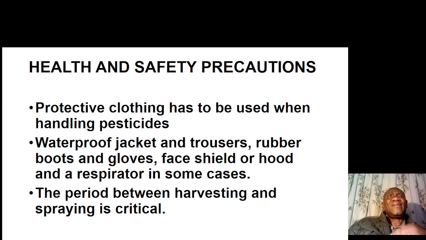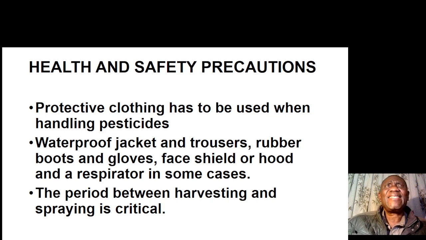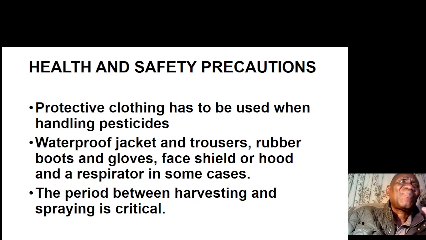Now we move on to health and safety precautions. We have touched on health and safety precautions. The starting point is to know the LD50 or the category in terms of color where that pesticide belongs, so that you know whether you are going to use it or you are going to hire somebody who is a specialist to do the job.